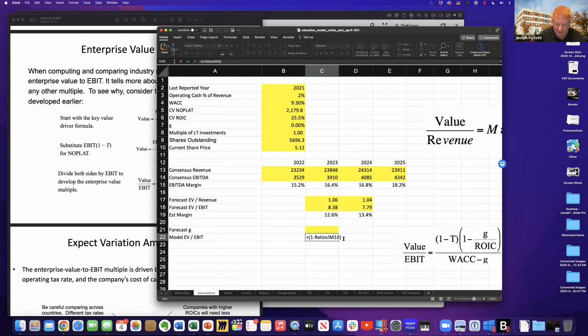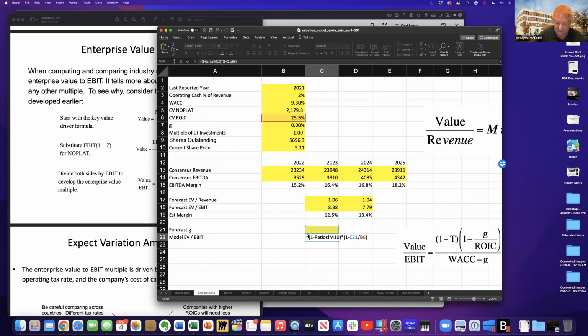All right, so then I'm going to multiply that by left parenthesis, just following this equation over here, 1 minus the G. I'm going to use this G, C21, divided by the ROIC, which is here in perpetuity, B6, right parenthesis.